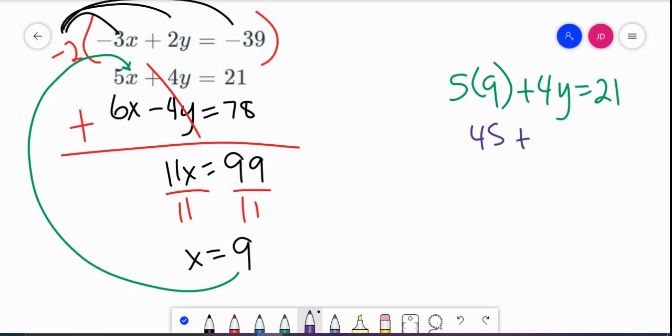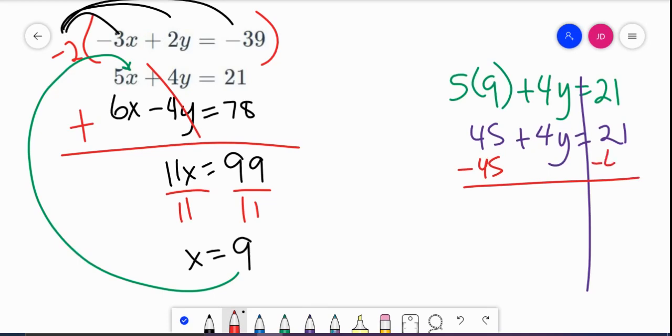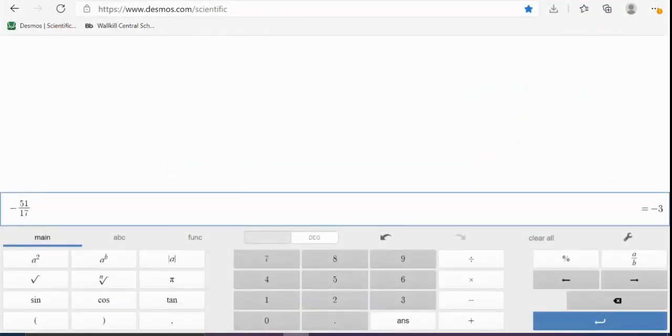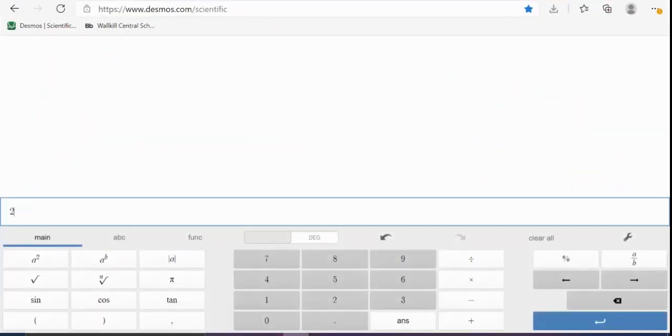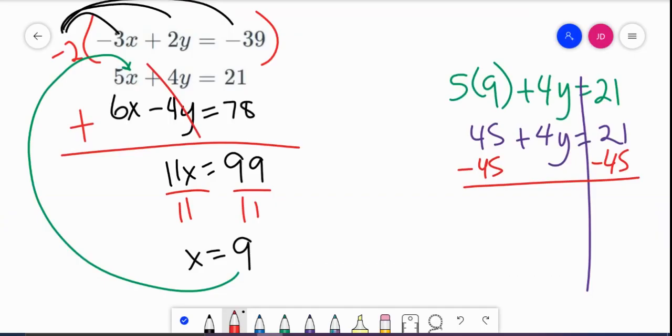I don't want my y's and my 4's to look the same. Equals 21. Minus 45 from both sides. And we get 21 minus 45 is negative 24.